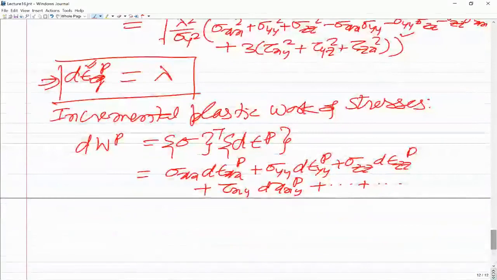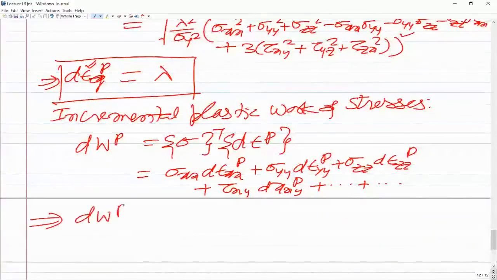We have written that expression. So now what you can do is substitute the values of d of epsilon xxp, d of epsilon yyp and d of epsilon zzp and so on, based on the flow rule for the von Mises yield criterion and associative flow rule.